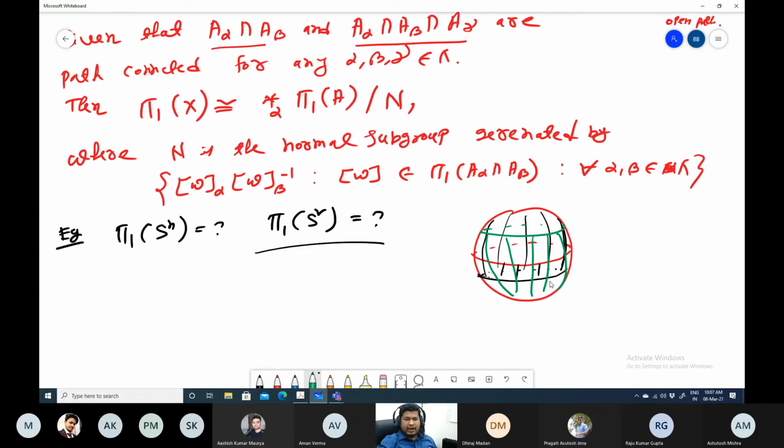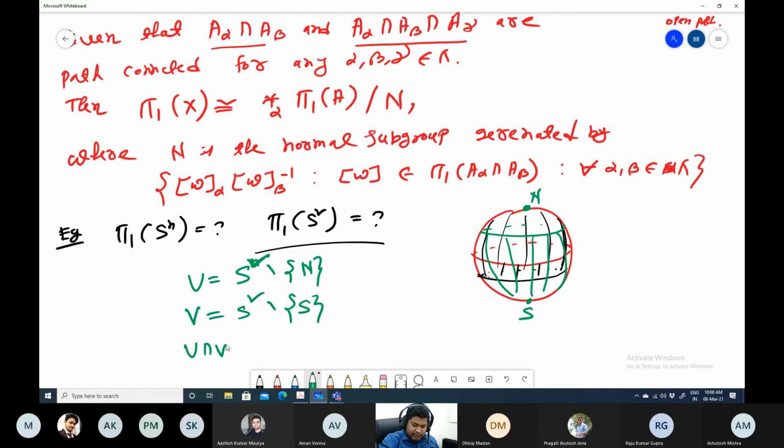And if you need the easiest example, you can take U equal to S2 minus that one point. So this is my N, this is my S. You can take that one as well. This is also open. And you can take V equal to S2 minus that point S as well. Now both are open. And what is U intersection V?